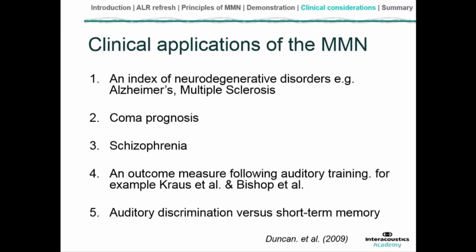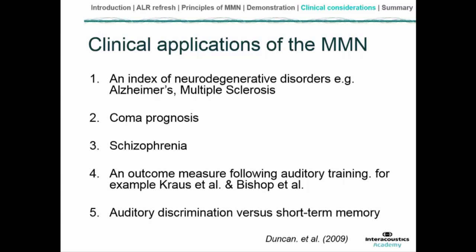Schizophrenia, I've mentioned here, falls within a similar category as the first bullet point, in that you would expect a reduced MMN amplitude, perhaps related to a lack of a trigger for attentional shifting to a new stimulus, in this case an auditory stimulus.